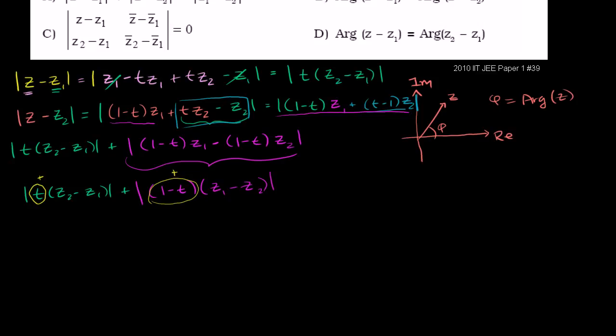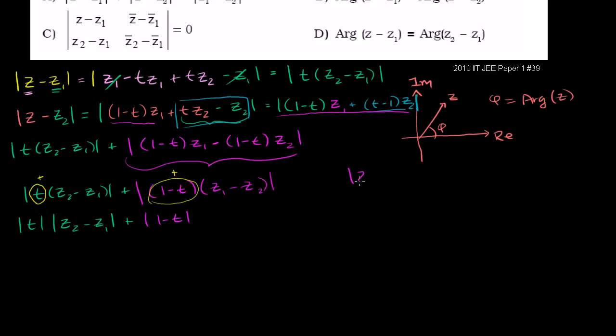Actually, let me not skip a step. This is the same thing as the absolute value of t times the absolute value of z2 minus z1, because this is just scaling it, plus the absolute value of 1 minus t times the absolute value of z1 minus z2.